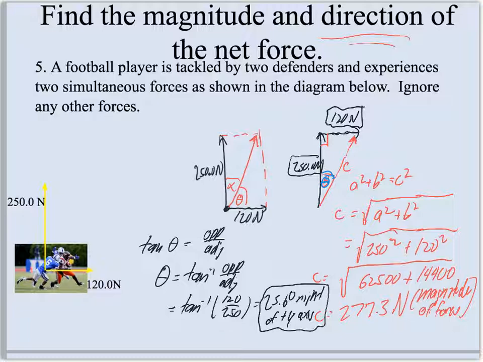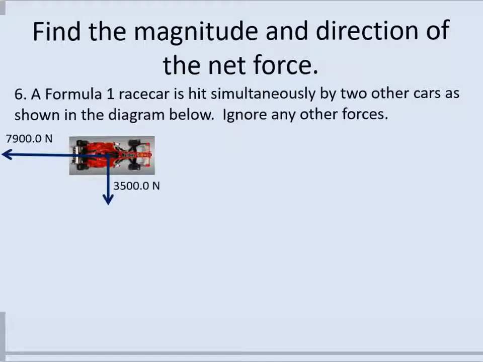That would be one way to find it. You could also subtract that from 90 to get this angle here. And that would end up being 64 degrees, 90 minus 25.6, above the positive x-axis.